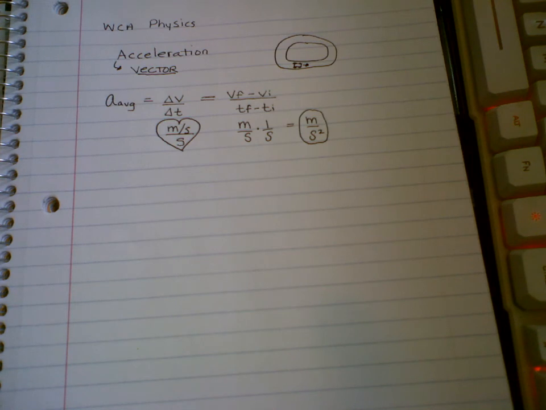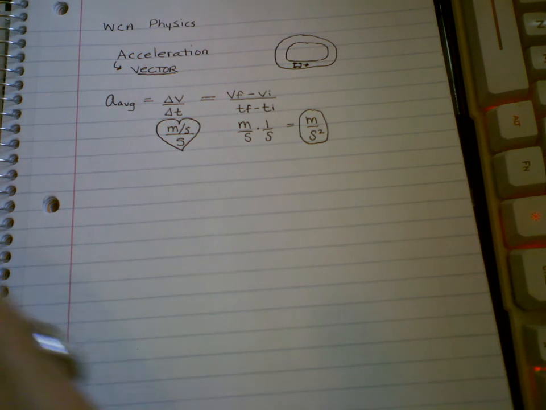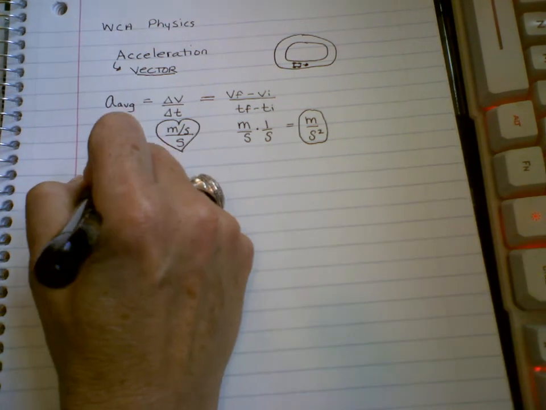A shuttle bus slows down with an average acceleration of negative 1.8 meters per second squared. How long does it take the bus to slow from 9 meters per second to a complete stop? So let's start by looking at our givens.